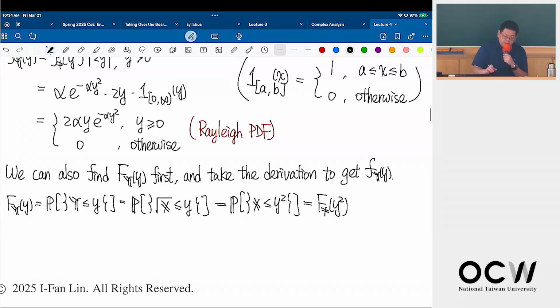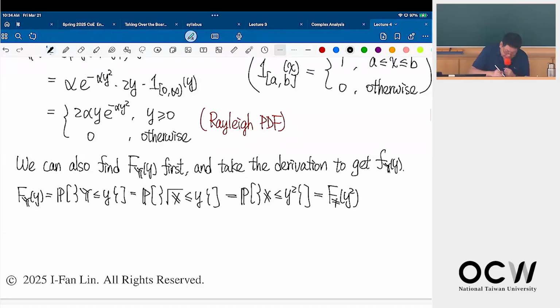Now we have the CDF. Let's take the derivative of the CDF. You should get the PDF of y.